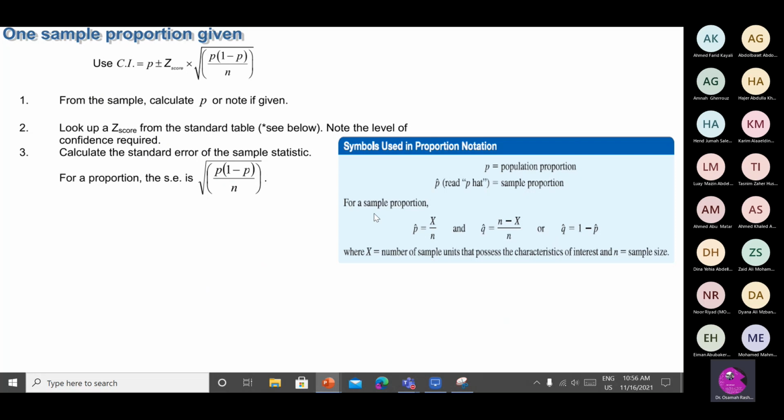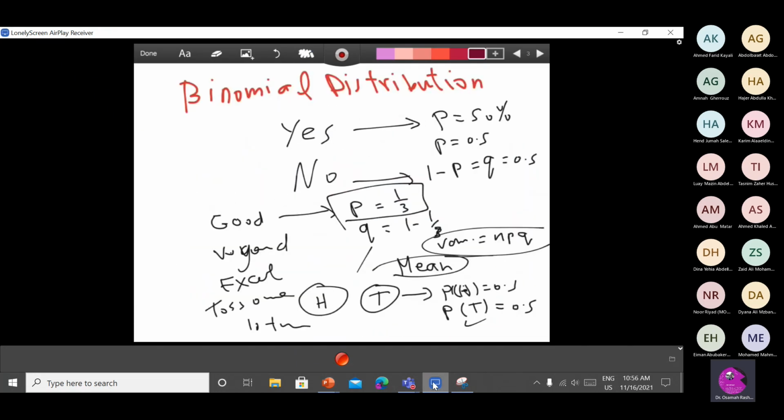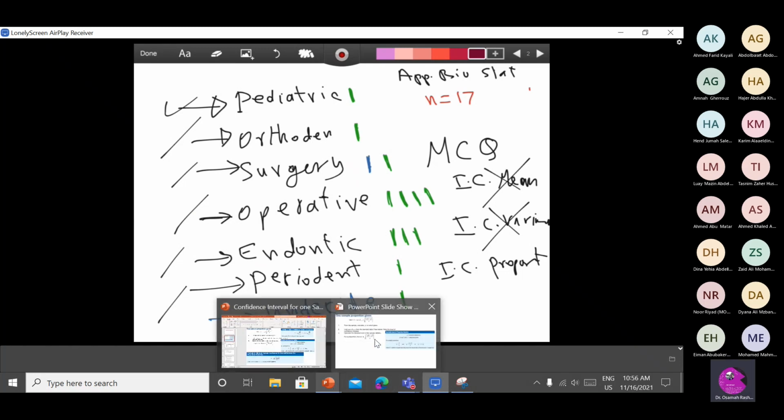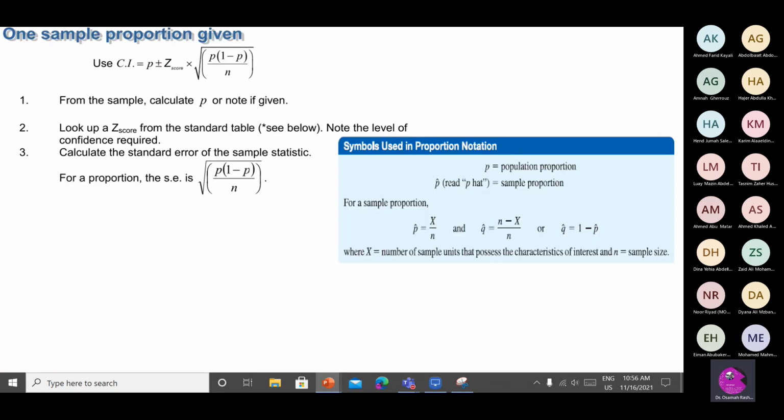How can I find the proportion in the sample? You count how many times you are choosing, as I asked you if you would like to specialize in pediatric or dentist surgery or something. So I can use this data to have the proportion in the sample for one of these choices. Okay.